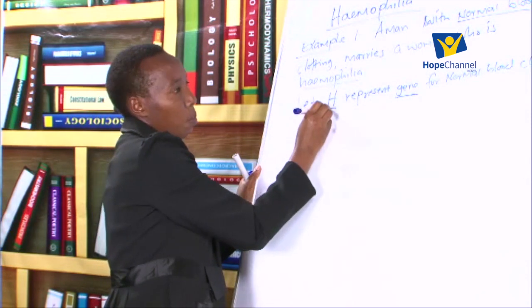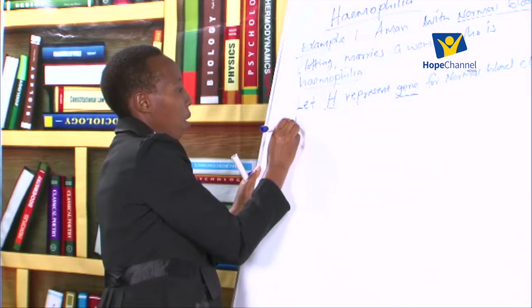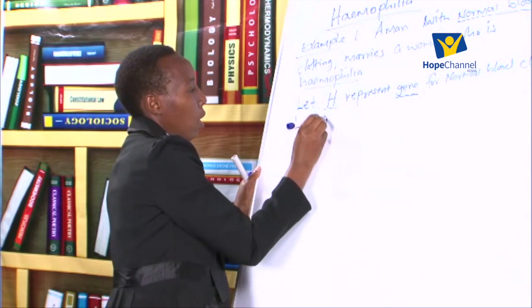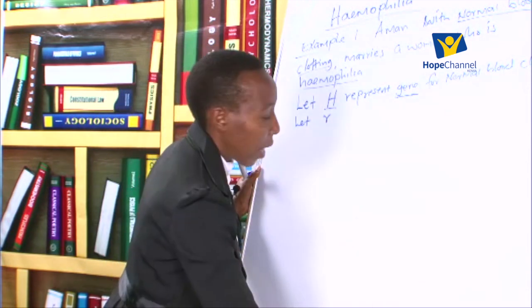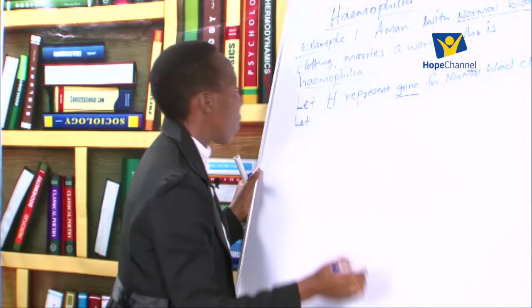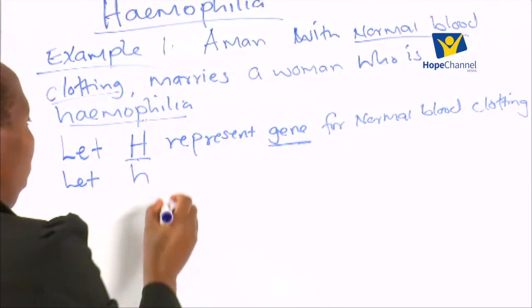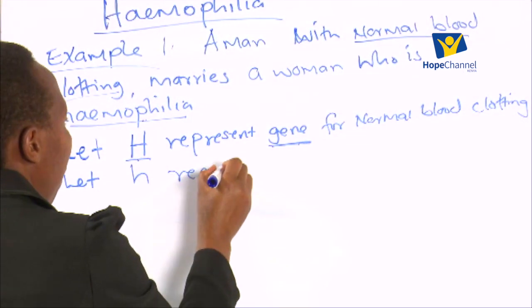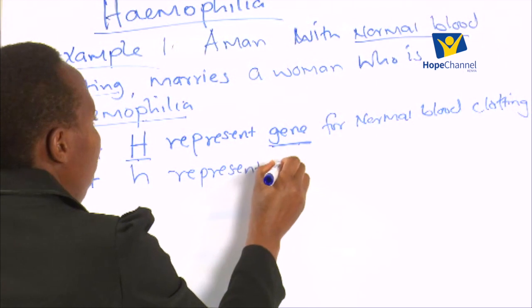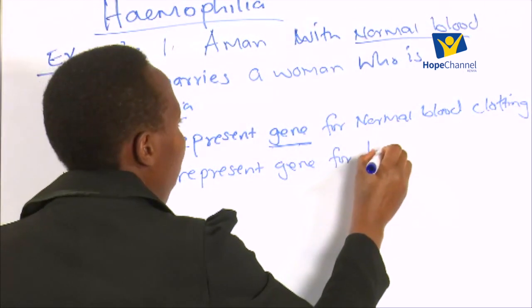If this one represents the gene for normal blood clotting, then we let the small h, because it is a recessive gene, represent the gene for hemophilia.